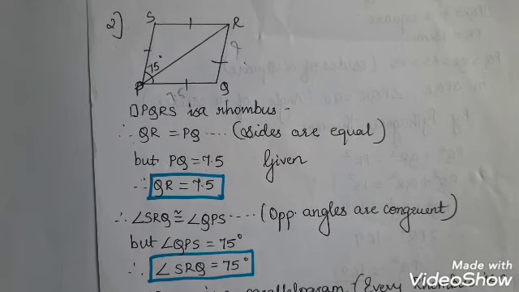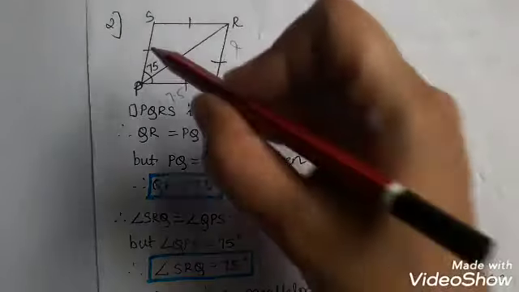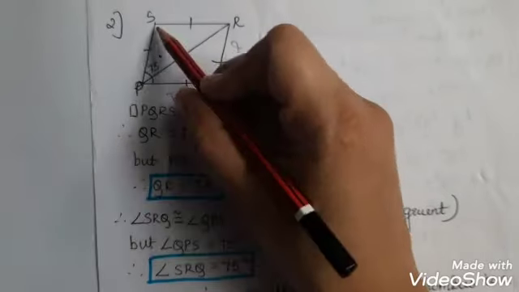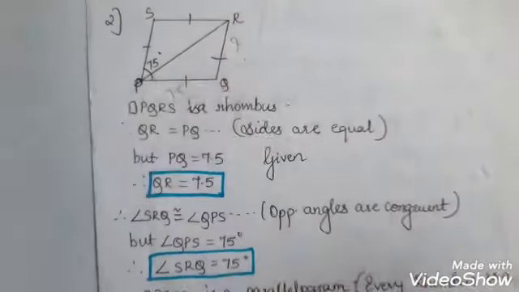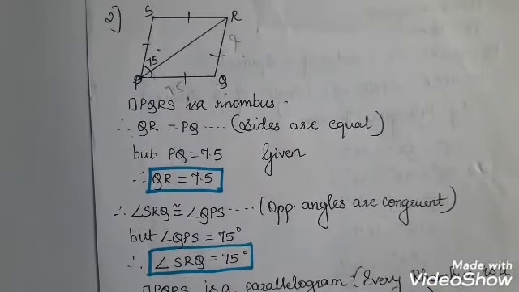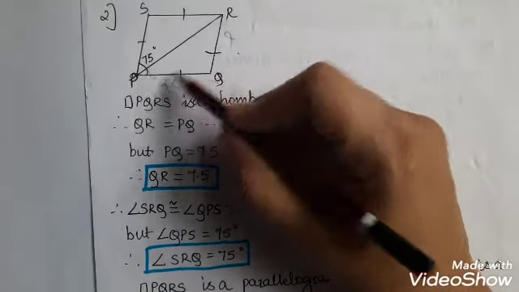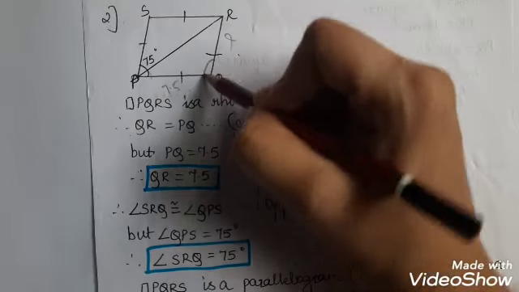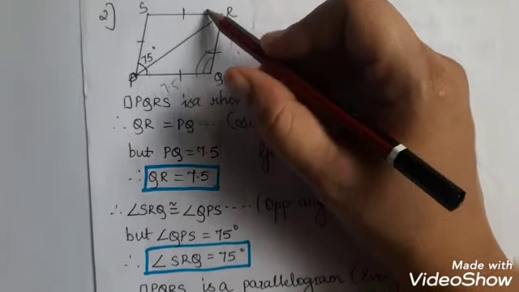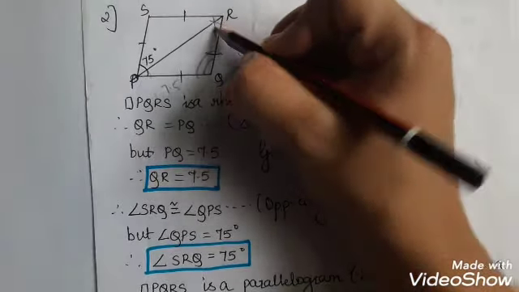The further question is, if angle QPS is 75 degree, then find the measure of angle PQR. We have to find the measure of angle PQR and SRQ.